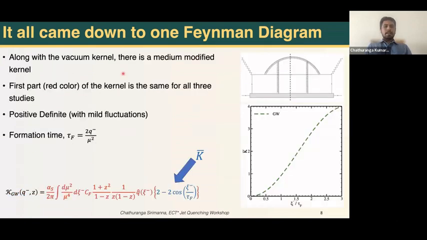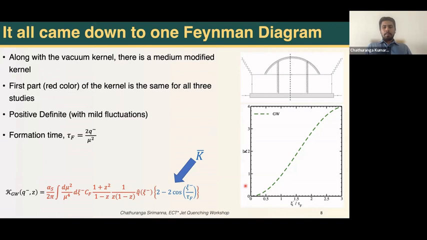Along with the vacuum kernel, there's medium modified kernel so that we can describe the deep inelastic scattering. To graphically represent the medium modified kernel, we use the last part of the medium modified kernel, as the first part given in red color is common for all three studies that I'm going to talk about in this talk.